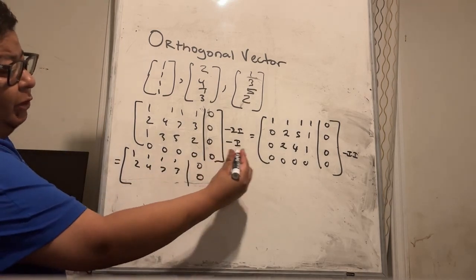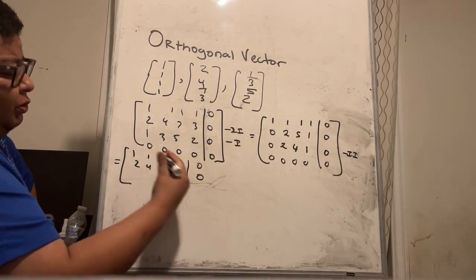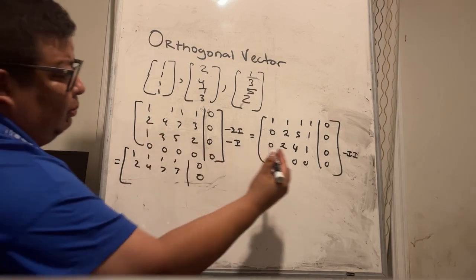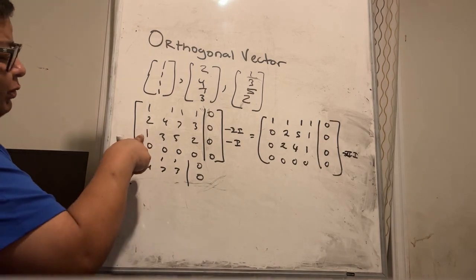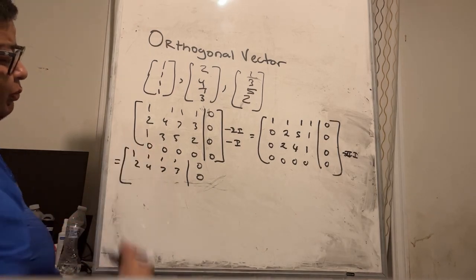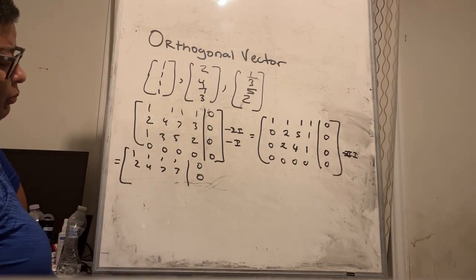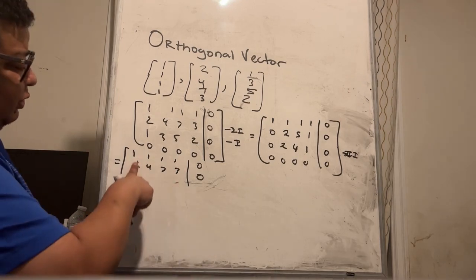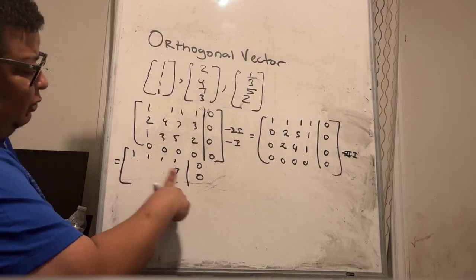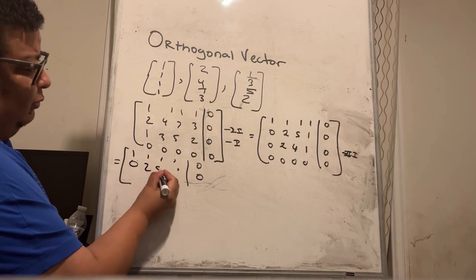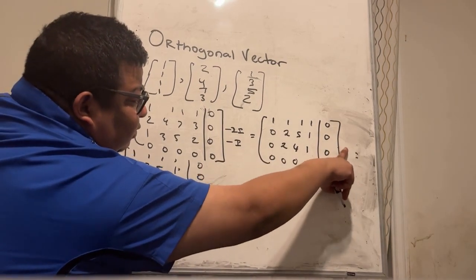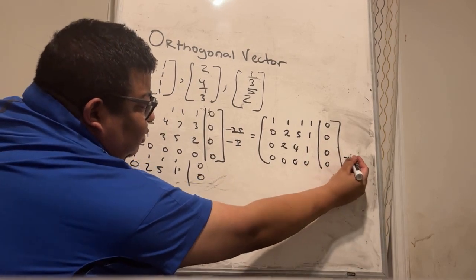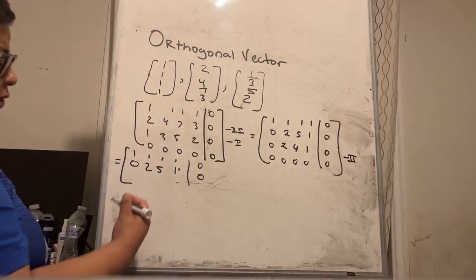No, I'm sorry, we have 0 here, 0 2 5 1, so minus 2. We're going to do minus 2.